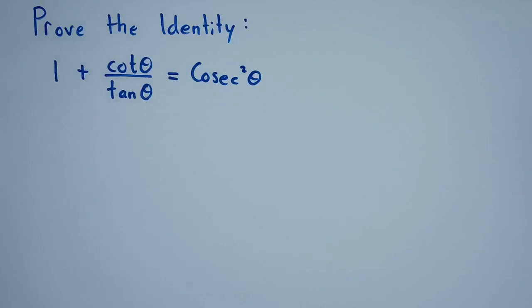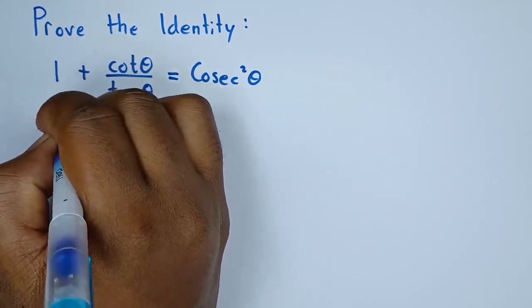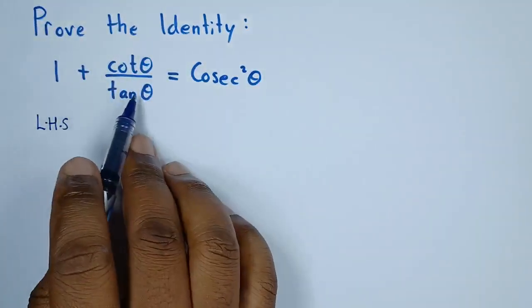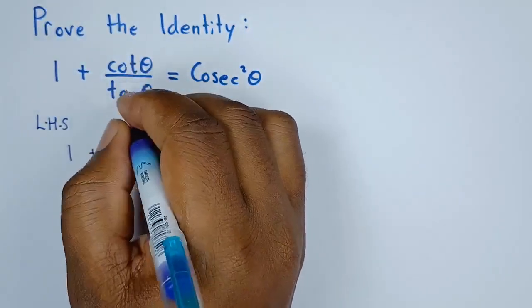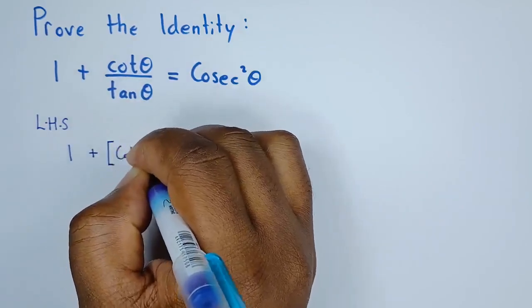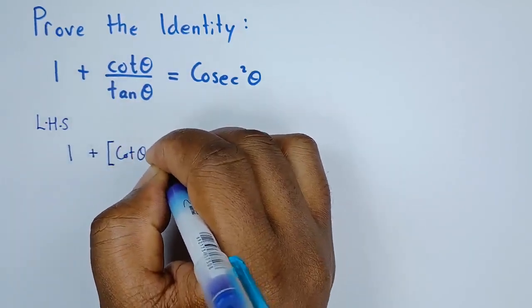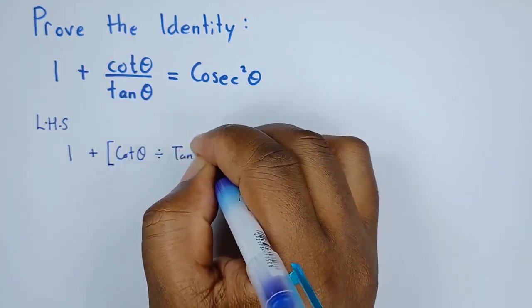So how can we prove this identity? We're going to take up the left-hand side, of course. The first thing we need to do is separate these two like this: 1 plus cot theta divided by tan theta.